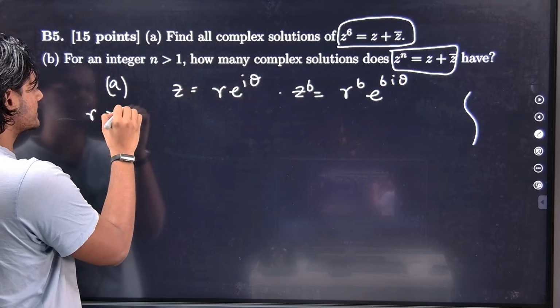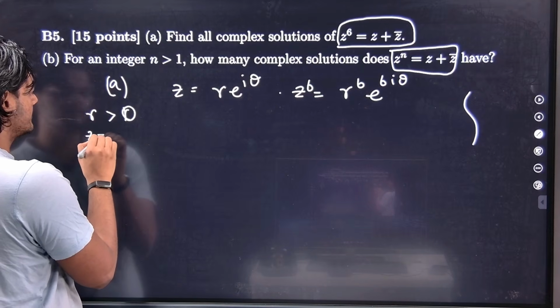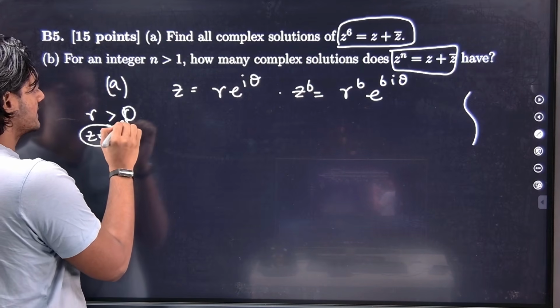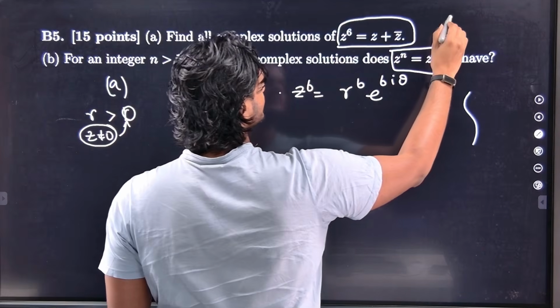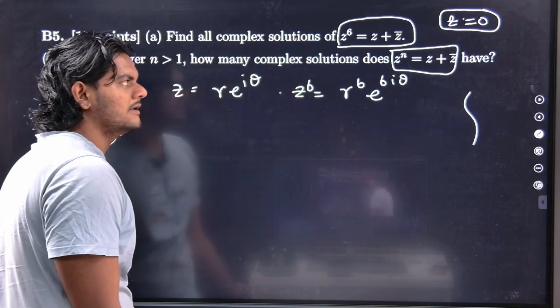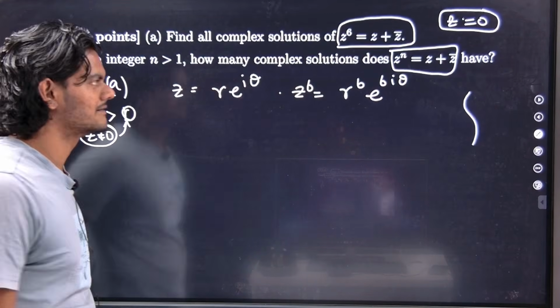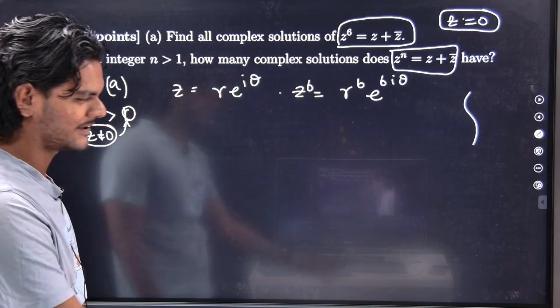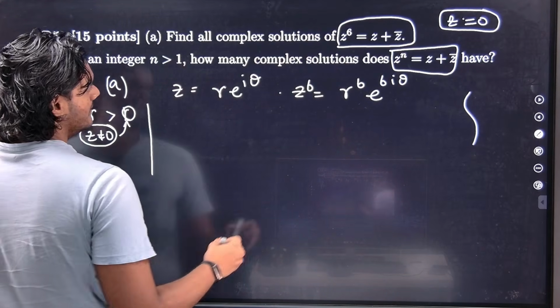This r is strictly greater than 0 if z is not equal to 0. So definitely one of the solutions is z equal to 0. That is often called a trivial solution. We don't want the trivial solution, so that's obvious. Now we'll see what other solutions we can get.